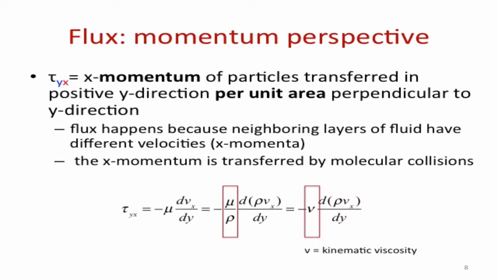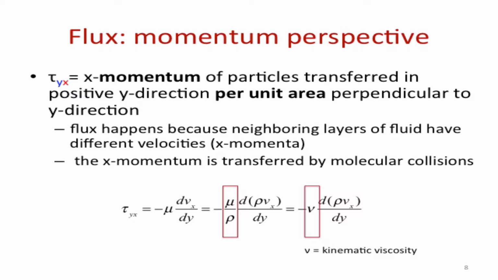So if I look at tau yx with this view, I can look at it as a difference in momentum, though typically we think about rho as constant for most applications that we will look into. We will look into fluids where we assume that their density is constant. So because of that, I can multiply and divide by rho and then look at this as a derivative in momentum. It's the same as a derivative in velocity.